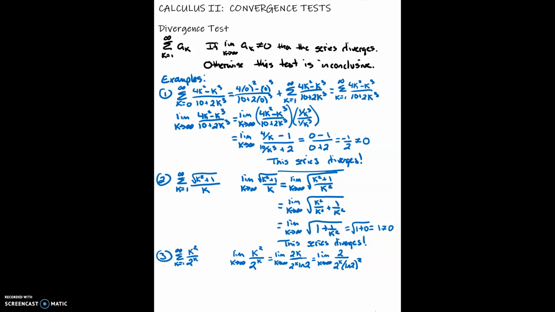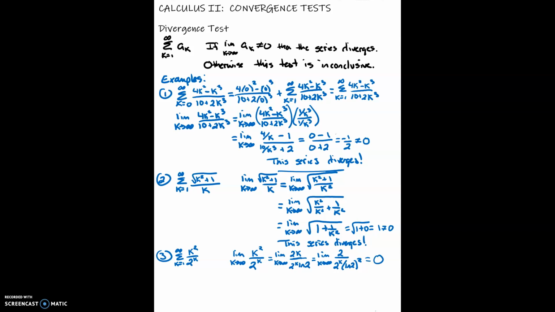All right, well now looking at this, I see I only have a k in the denominator. As k gets really large, 2 to the k also gets really large, so that whole denominator is getting really big, which means this whole thing goes to 0.